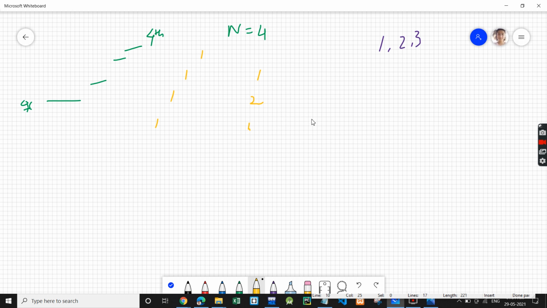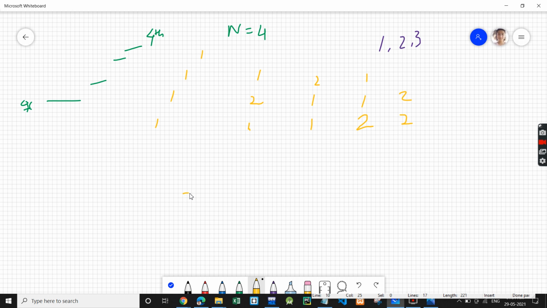Another possibility is that the person can take 1 jump, again 1 jump and then 2 jumps, or the person in the starting can take 2 jumps, then 1 jump and then 1 jump, or 2 jumps in the starting and then again 2 jumps, right? Now these are 5 possibilities.